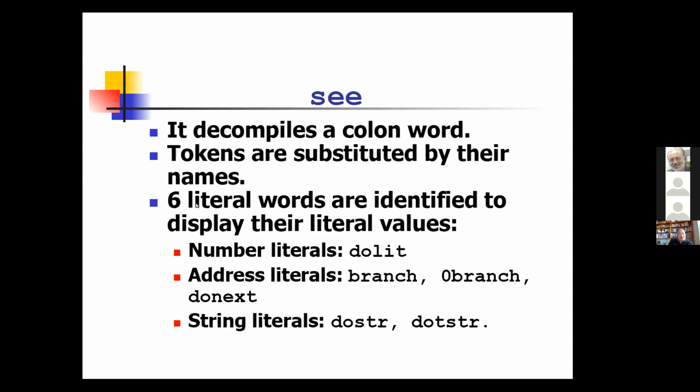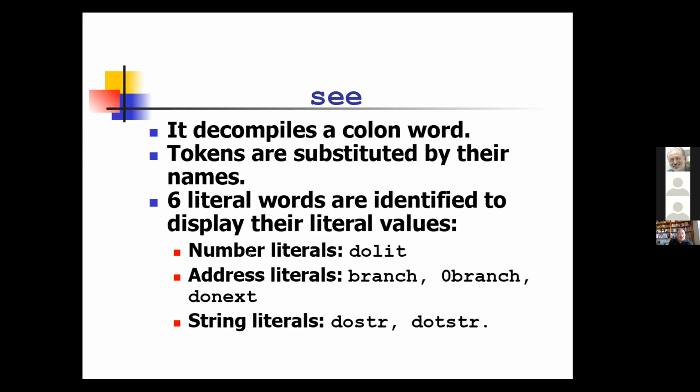And there are 6 literal words. And these literal words have a literal following the word. So you have to treat the literals differently than a token. So there are only 6 literals in jeforth.